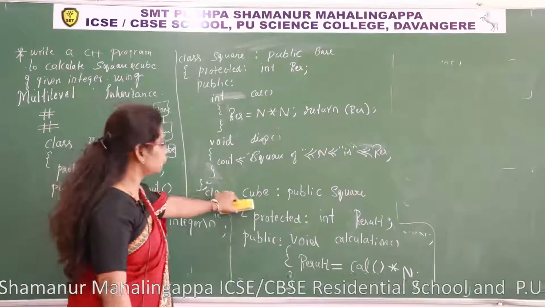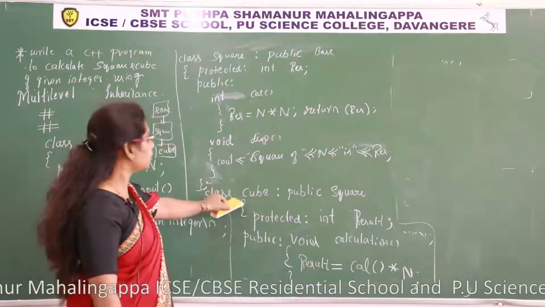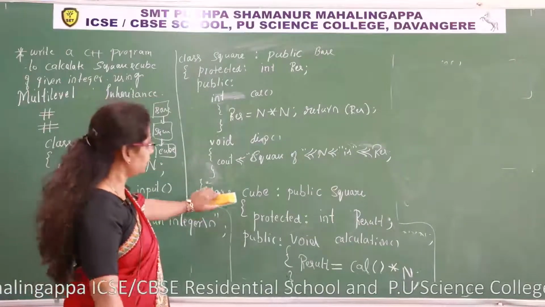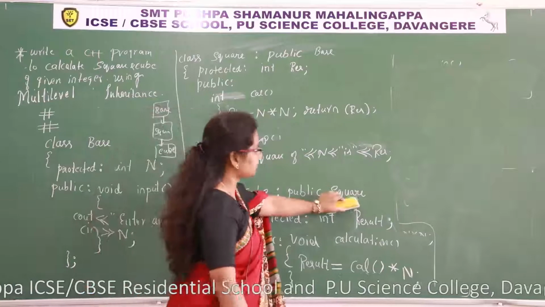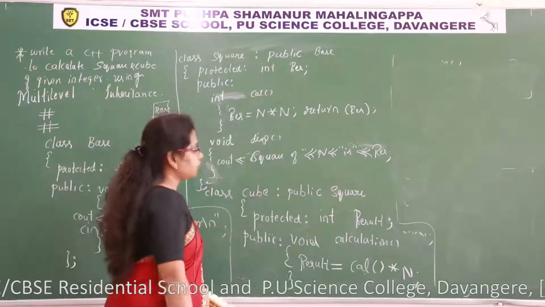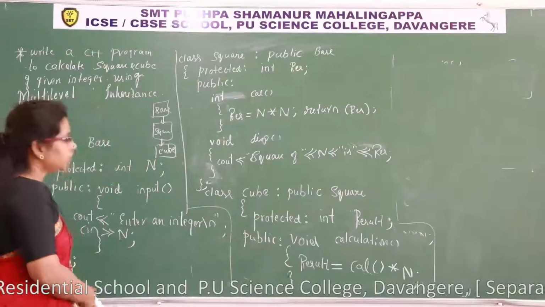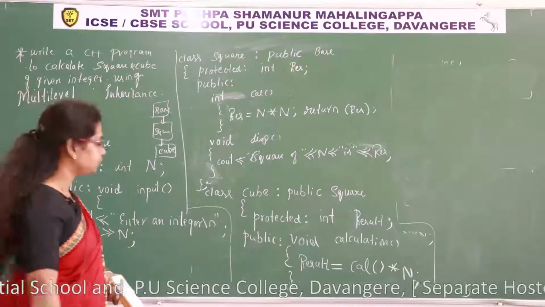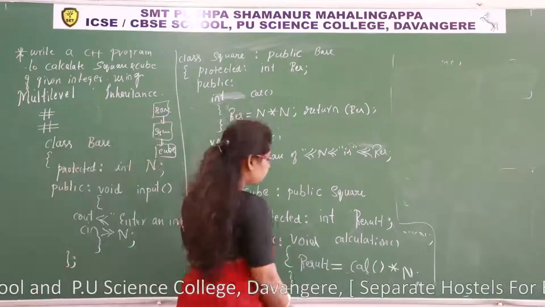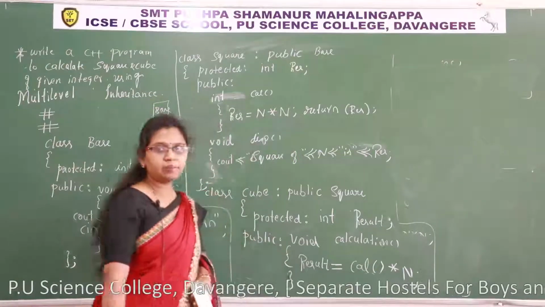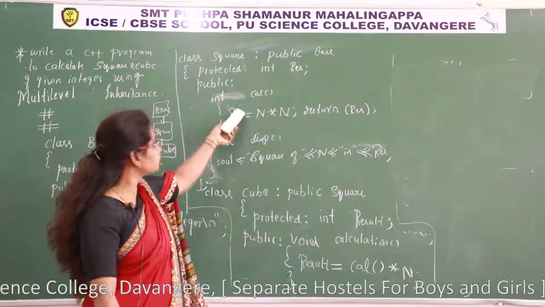Now class cube, another class. This class is derived from class square. This is a base class. In the protected section I have taken result as a data member to store cube of a number. So instead of writing n into n, I make use of this function.